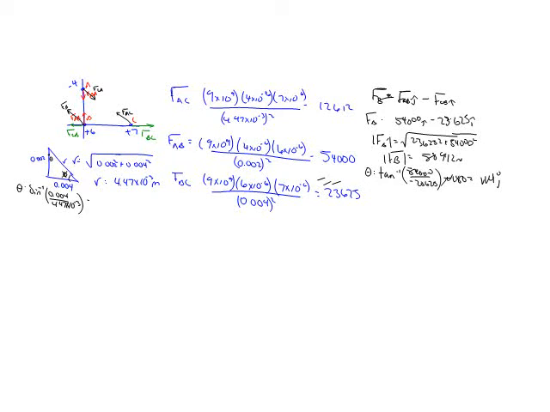And I get 63.5. And then I'm going to cheat and just go 90 minus 63.5. Gives me 26.5. So this is 63.5. And this one is 26.5 degrees. Okay, so that's going to be helpful.